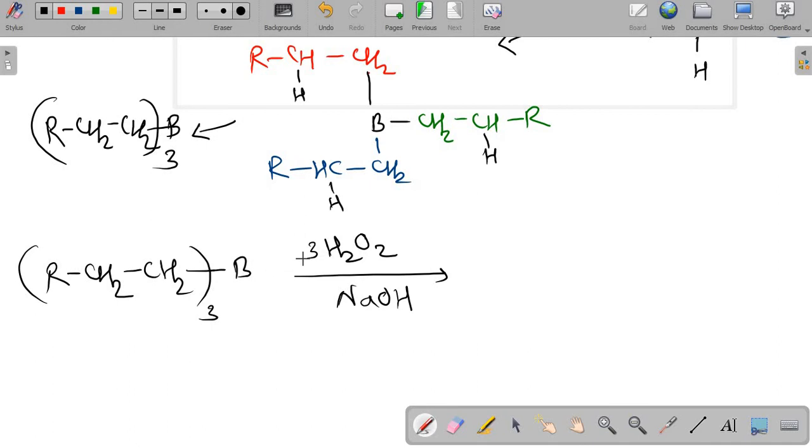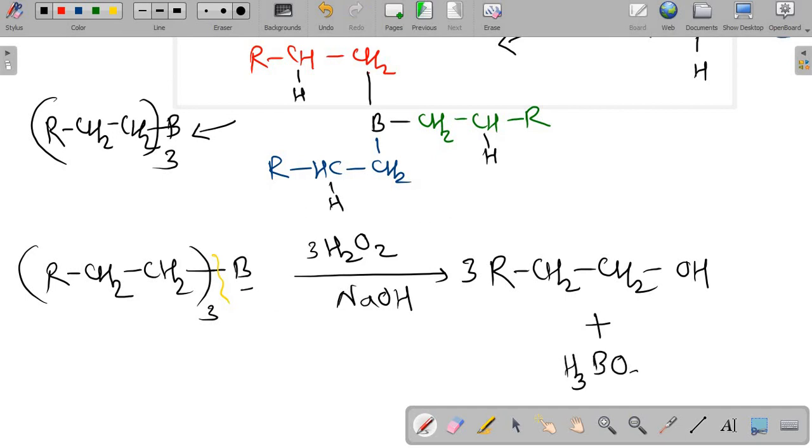So in this boron complex, that is alkyl boron complex, is going to rupture to form alcohol. So the product of this reaction is RCH2CH2OH. These are the 3 molecules because 3 alkyl groups are there with the boron, and the byproduct of this reaction is H3BO3.